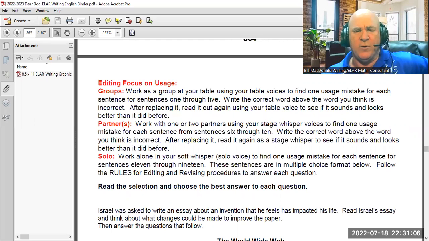If you want to follow the directions here, 6 through 10 are done working with a partner or partners, 2 or 3 people at the most, using the stage whisper. That's where they'll do it softly.